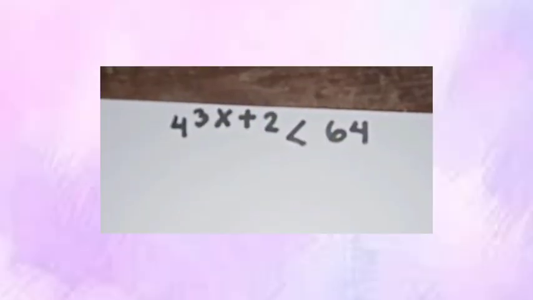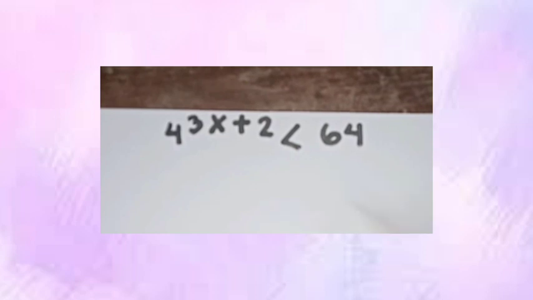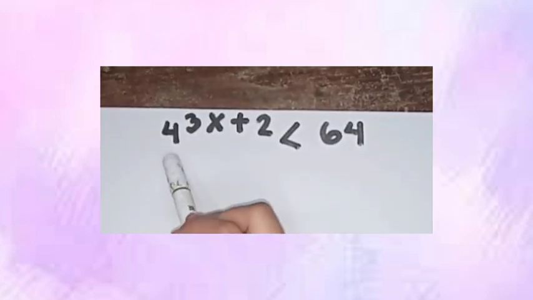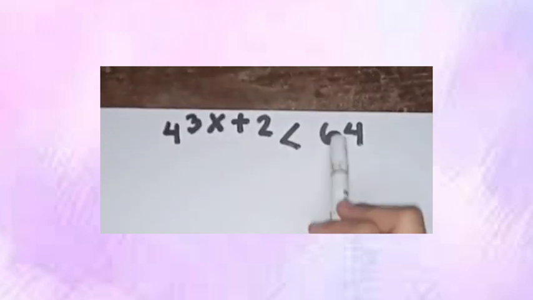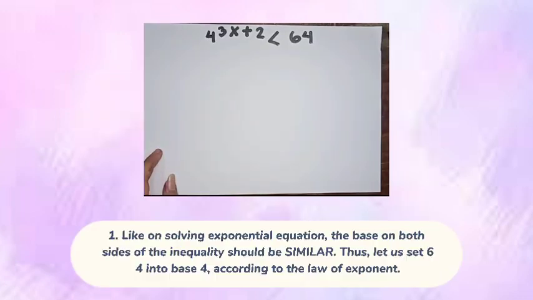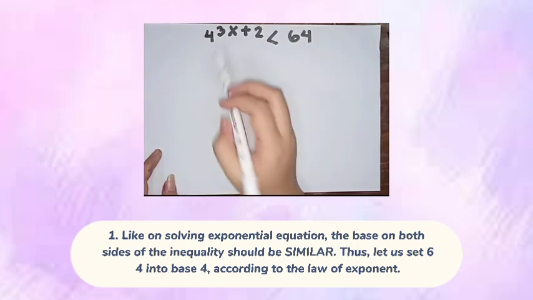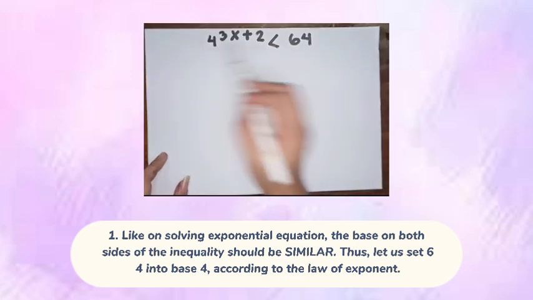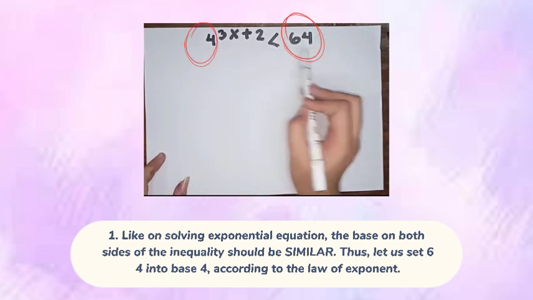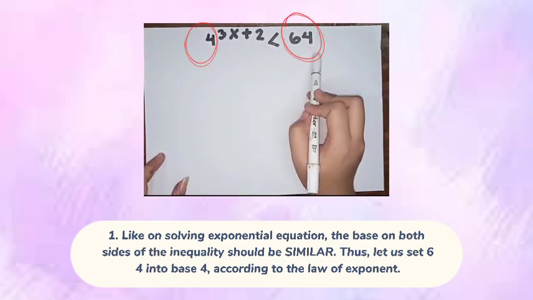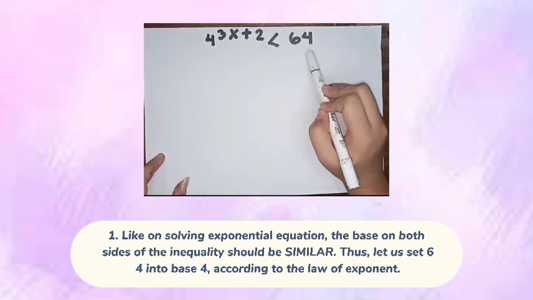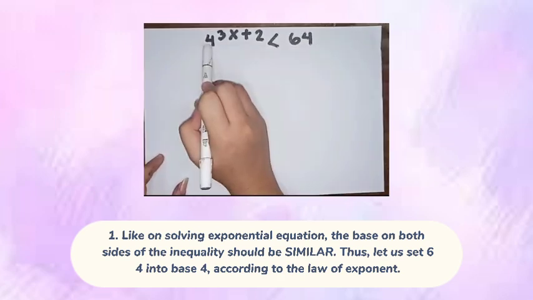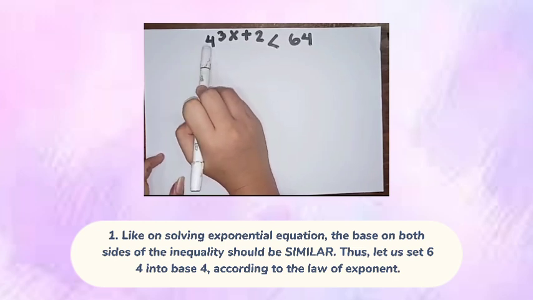For the last part of this video, I am going to solve the inequality 4 to the power of 3x plus 2 is less than 64. Like we did in solving the exponential equation, we should ensure that the base is similar. Since the base is not similar here, let us set 64 into base 4, according to the law of exponents.